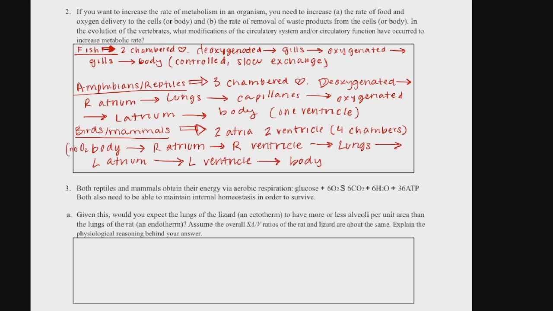So no O2 coming from the body. Once it goes to the lungs, then there is oxygen to the left atrium, left ventricle, and then that oxygenated blood goes to the body.